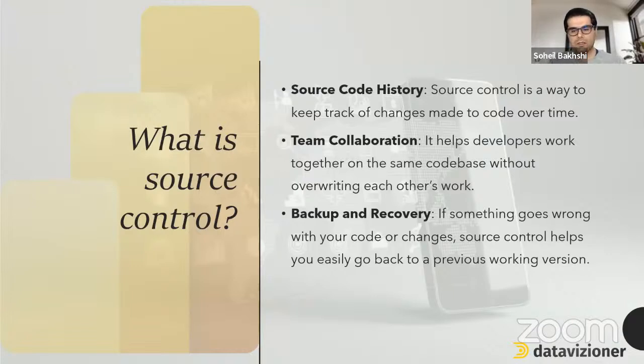Let's say we have 20 developers and we are all working on the same piece of code. Without a mechanism that controls the changes, tracks the history, and provides backup and recovery, merging all of the changes and different code together would be a big, massive problem for the development groups.